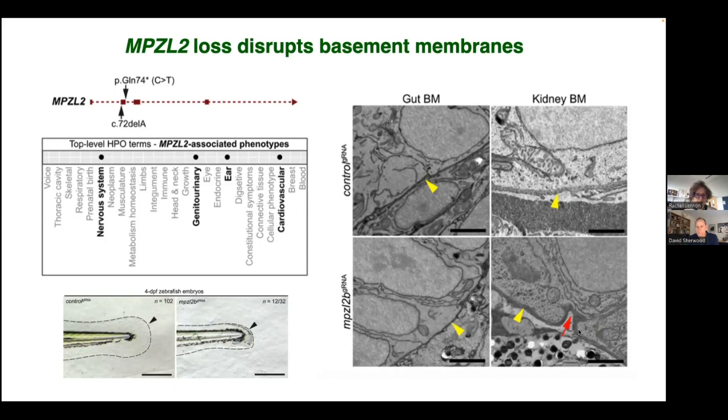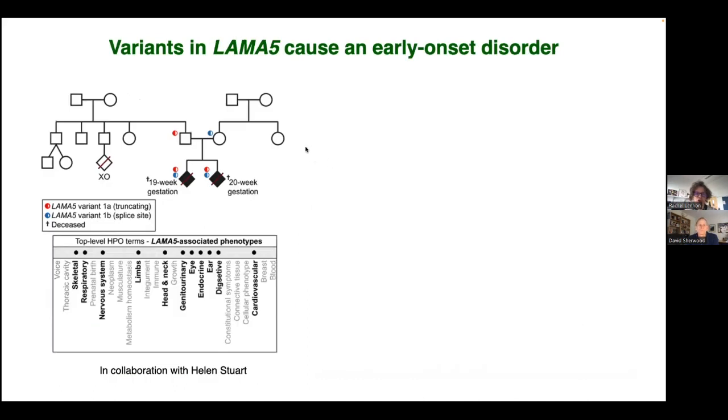In the last example, we focused on a laminin gene. So as you've heard already, laminin networks are crucial for basement membrane assembly and maintenance. Yet this gene, laminin alpha 5, does not have strong evidence of disease association. In this particular example, we were able to pursue more detailed studies as the family was local to Manchester, and so we were able to access patient samples.